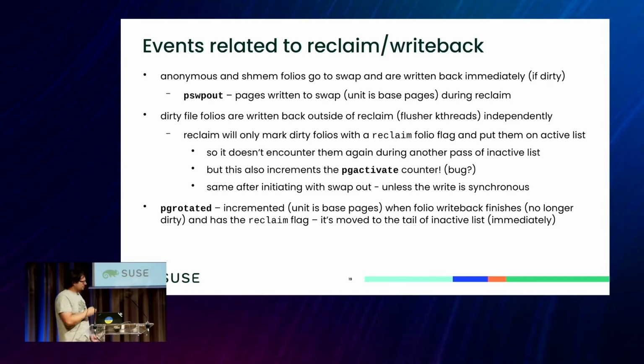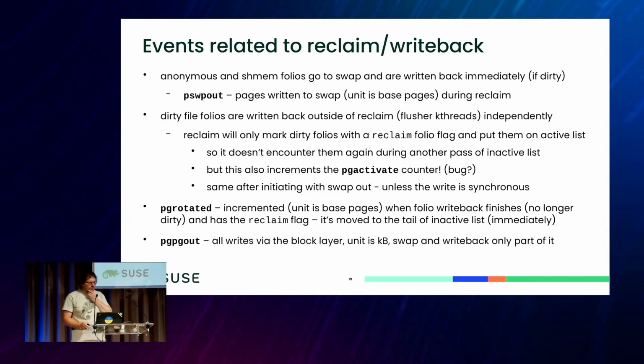And that increments PG rotated counter. Now, like we have counter for reading from the block layer, there's PG out for writing. Again, write back and swap out is only part of that.